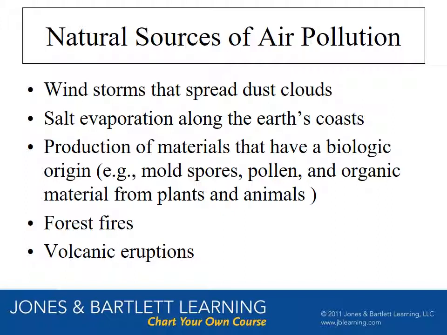As I mentioned before, there are some things that can form pollution, like plants can produce volatile organic compounds that produce natural air pollution, but also mold is a source of biologic pollution. Forest fires and volcanic eruptions both emit lots of different air pollutants that we might think typically are associated with human activity.